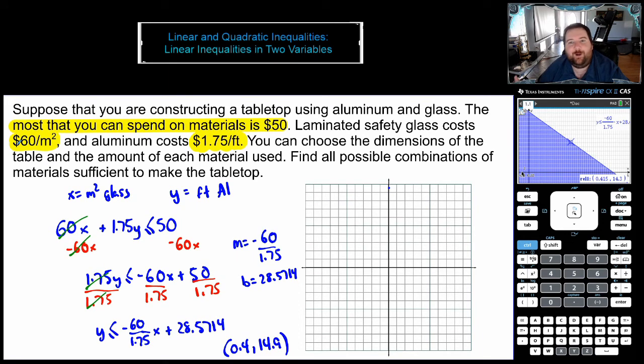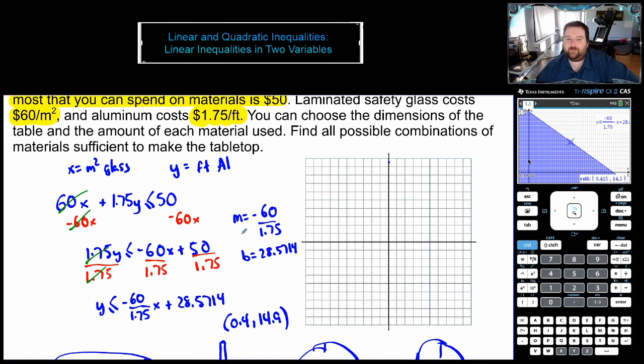I'm getting $50 worth of table, so it's going to be a good sized table, as opposed to picking something over here that's going to be really small, right? And yeah, it might only cost $5, but I can't even put a cup of coffee on there. So that's basically how you're going to approach this problem.